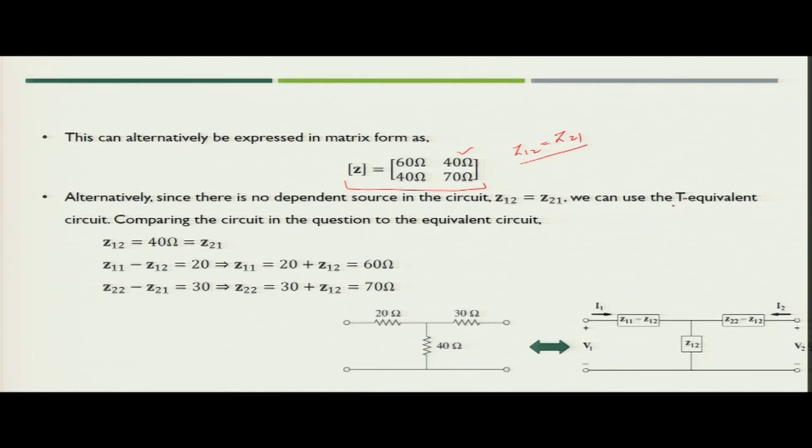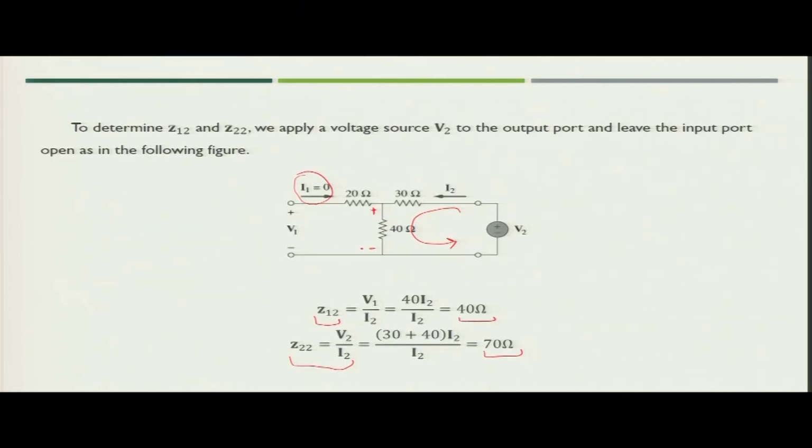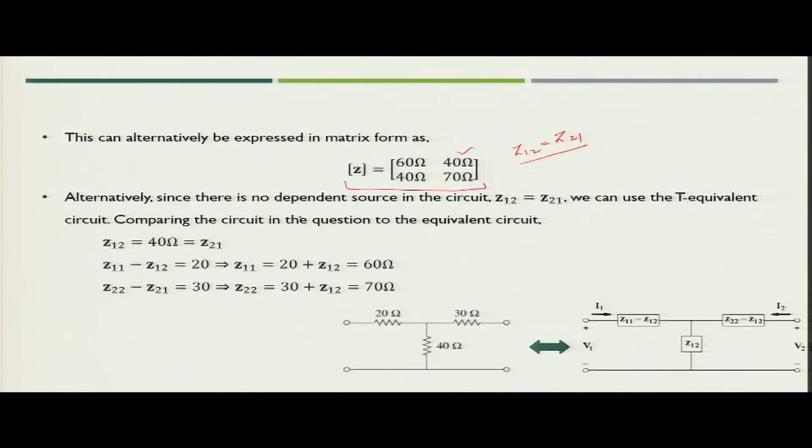It means that you can represent this circuit as T equivalent. Anyway, this circuit itself is represented as T equivalent. So, this is a reciprocal circuit, and when we compare the T equivalent circuit with the circuit given in the example, you can easily find out the value of the Z parameters.